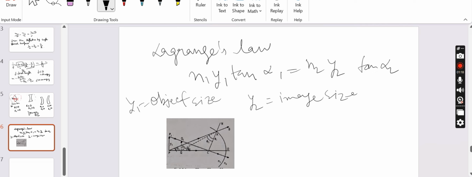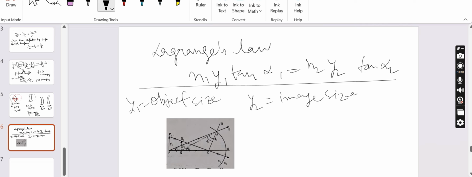If you place an object in front of a concave spherical surface, you will get the image here, and how the image is formed has been discussed in the class. So this is the equation; in addition to Snell's law, when an image is formed, this will also be followed.